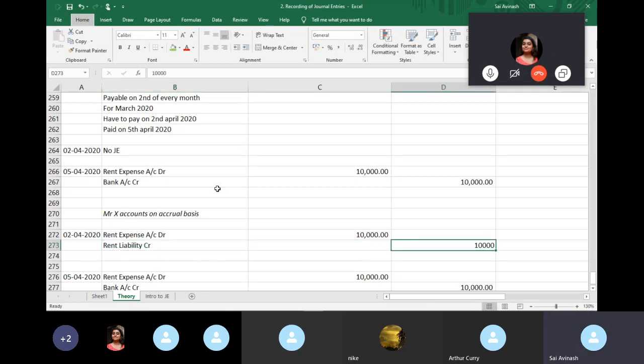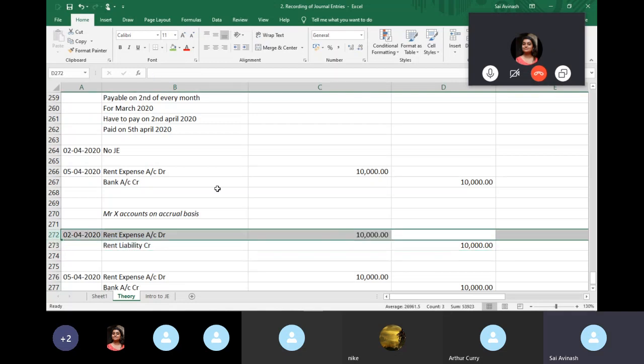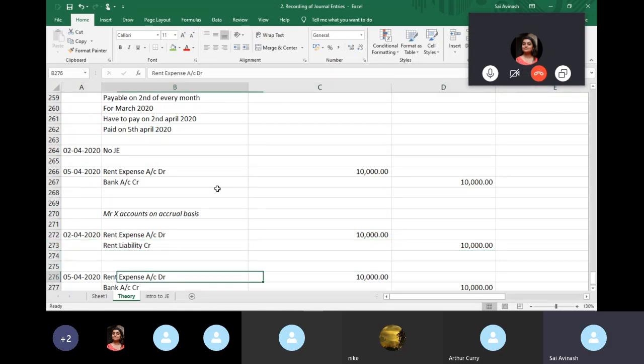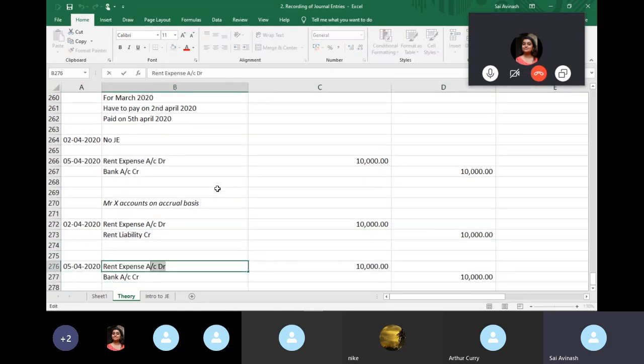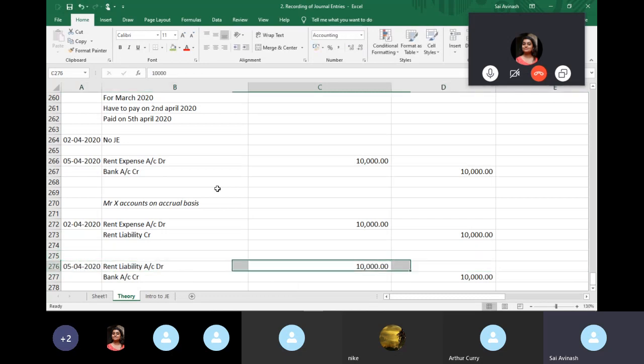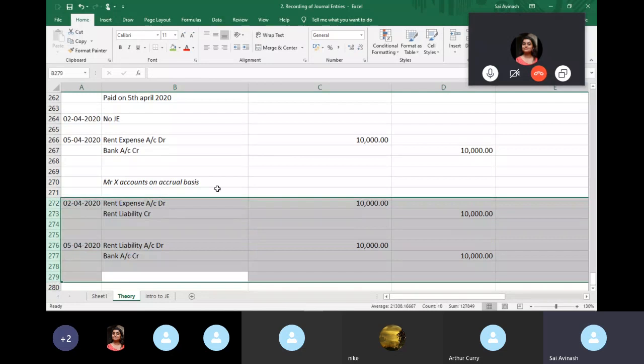So on 2nd April he has created a liability: I have to pay somebody, I'm incurring the expense on 2nd April, and I have a liability to pay as of 2nd April. And on 5th, you go ahead and pay, and the liability reduces. You had to pay 10,000 and you're paying it, because the liability reduces, you debit. So that's the difference between an accrual system and a cash system.